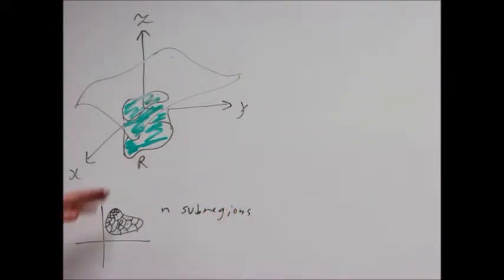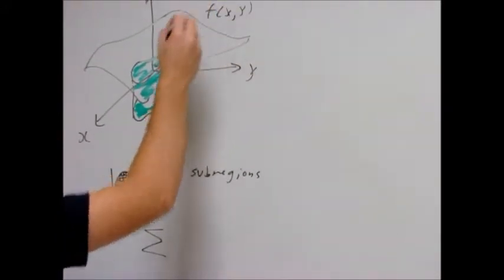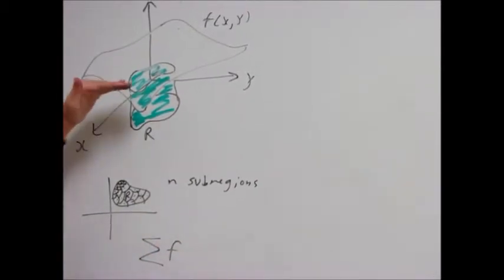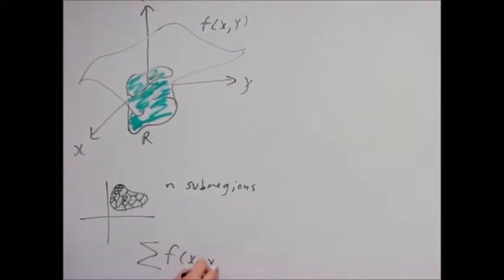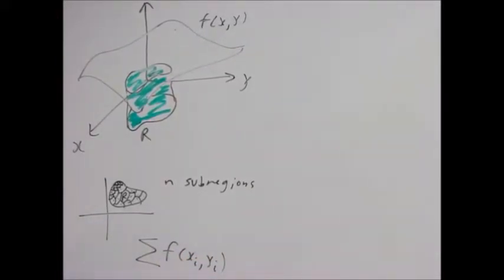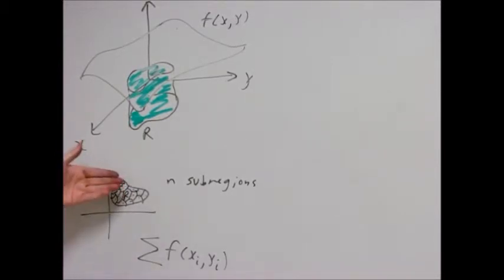And what you would do is take each of these points, number them from 1 to n, and then to give an approximation, you would add up the function, this is your function f of x, y, the value of the function at that point, x_i, y_i, times the area of the base to get the volume of the prism.